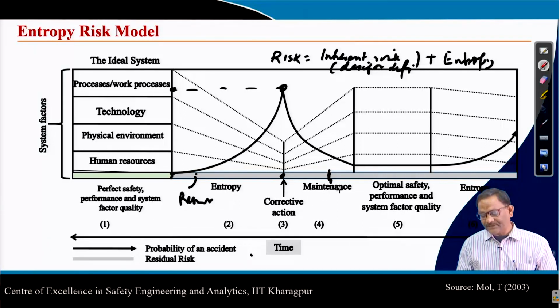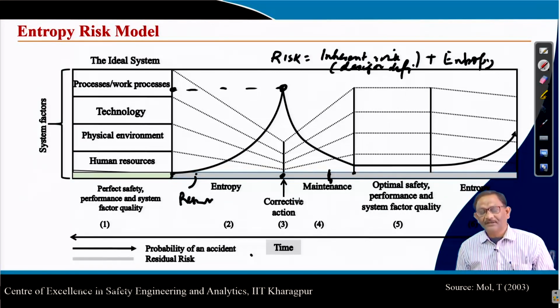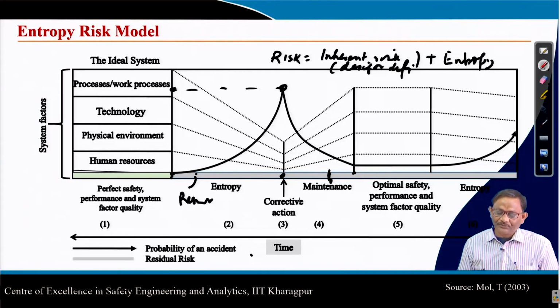After corrective actions and maintenance, the risk level comes down, but it will not go to the point of origin, because no maintenance or corrective action is so foolproof, unless you go for complete redesign, that the risk level will come down to the original designed risk level.